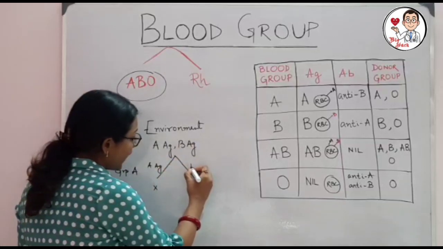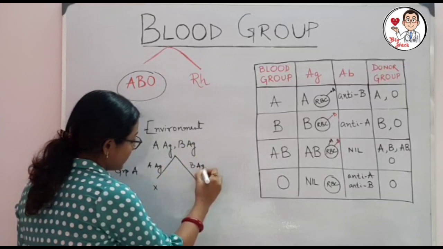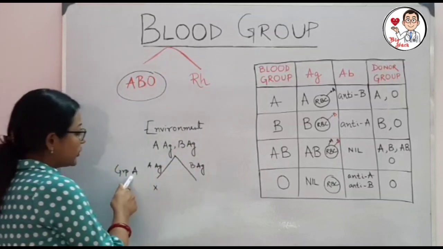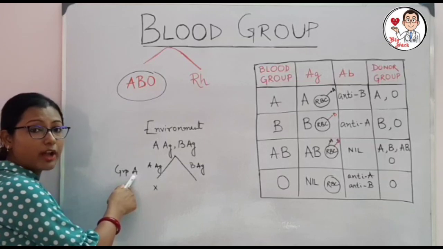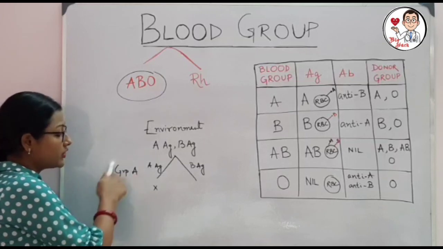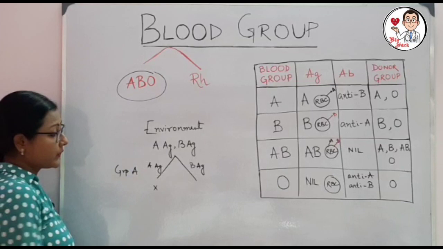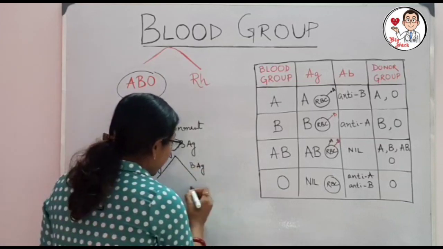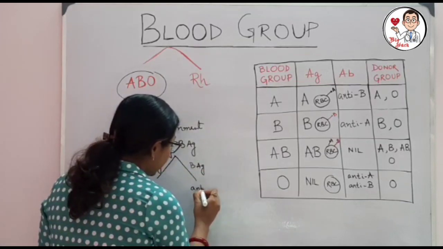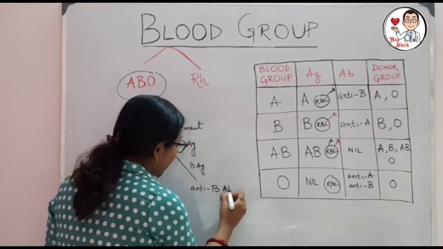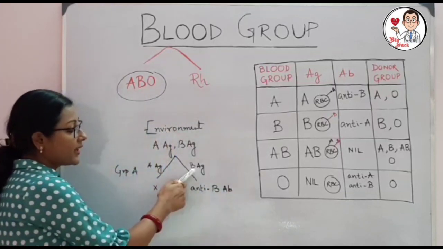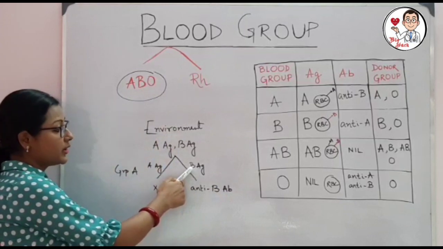Now, if B antigen enters, what happens? B antigen is foreign to the body of a person who is of blood group A, because B antigen is not present within. So there will be anti-B antibody production against the B antigen.